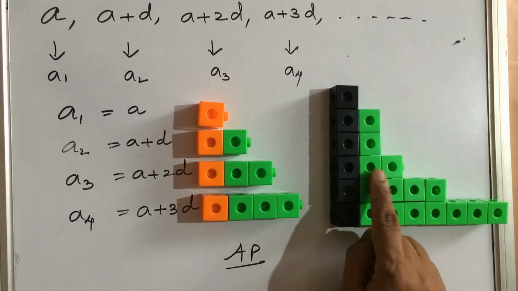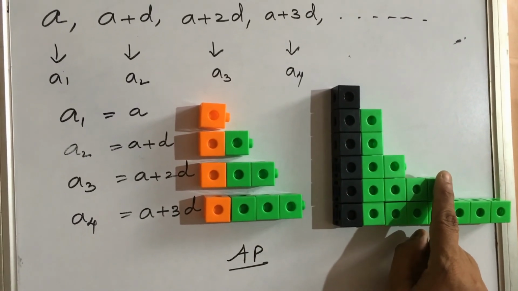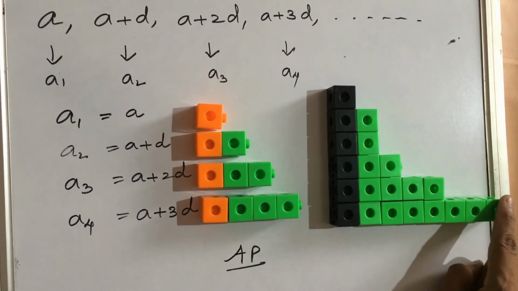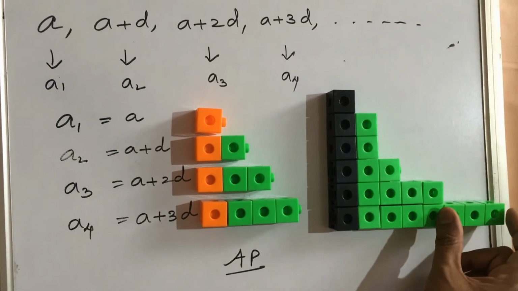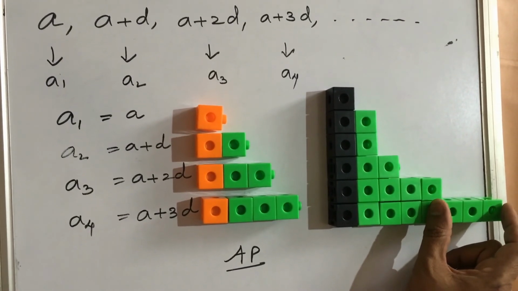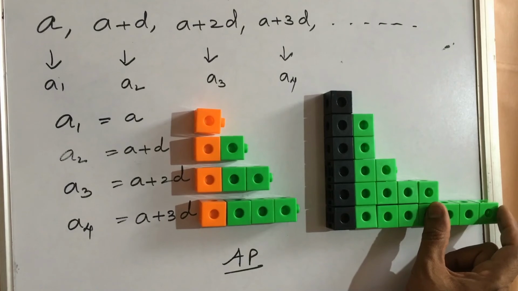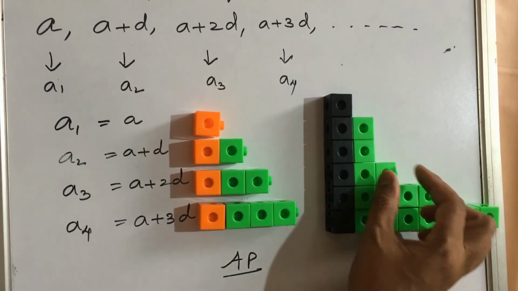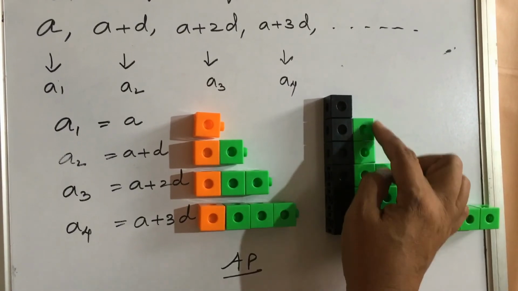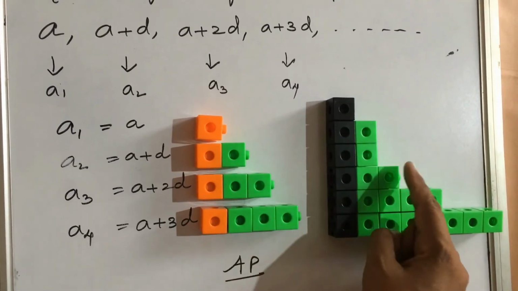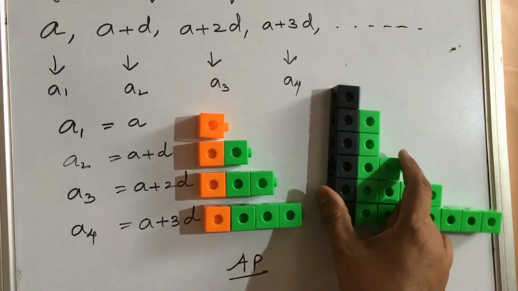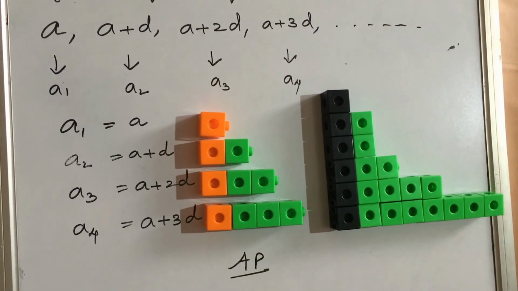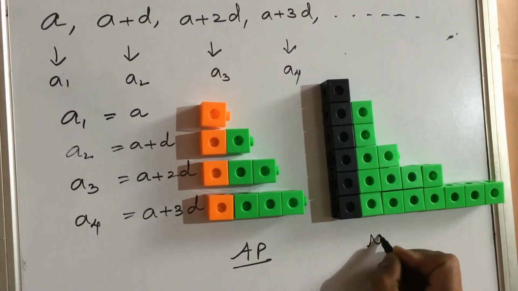Between the fifth and fourth, two blocks gap is there. Between the sixth and fifth terms, three blocks gap is there. That gap is nothing but the common difference. So here 3 is the gap, here 2 is the gap, here 1 is the gap, here no gap, here 1. As the common difference is not the same between any two consecutive terms, it is said to be a non-AP.